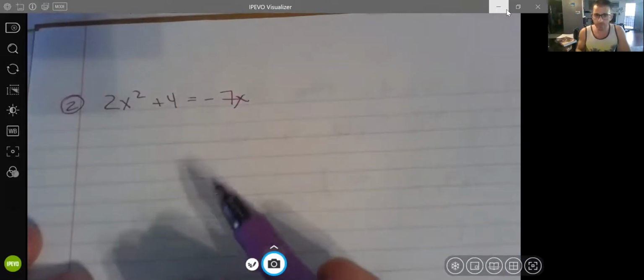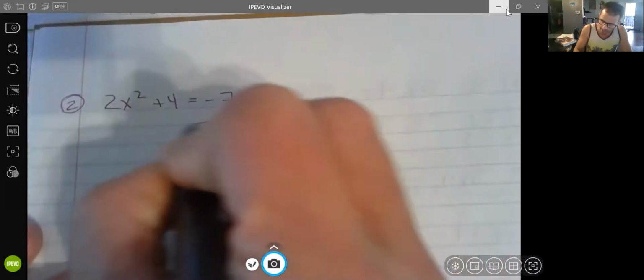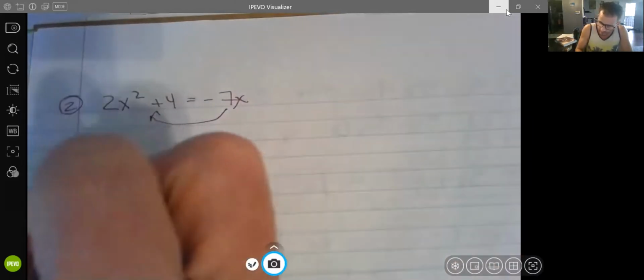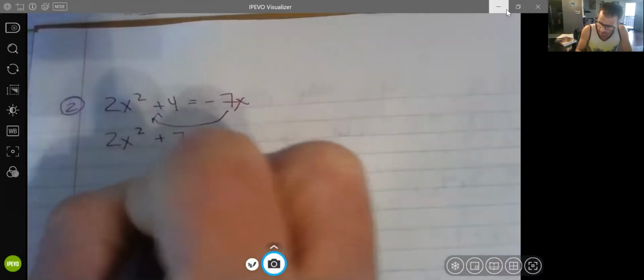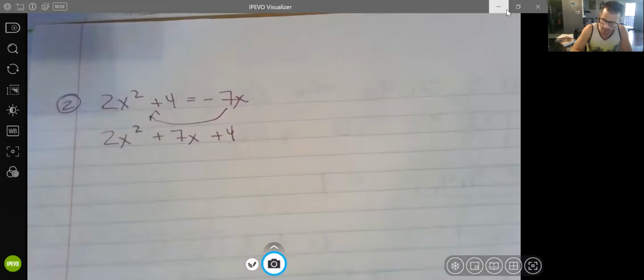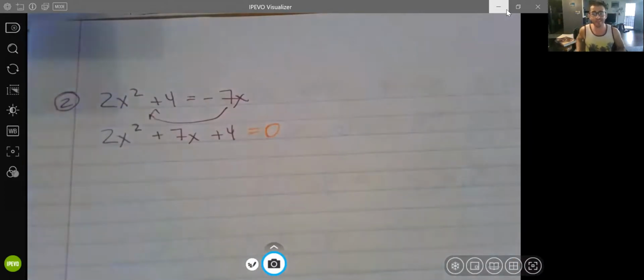Do we have an equals 0 all by itself on one side? No, so we got to go ahead and bring that to the other side. It doesn't have any friends, so of course, it's just going to be 2x squared plus 7x plus 4, and then we have our very important equals 0.